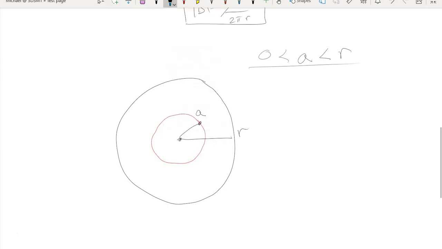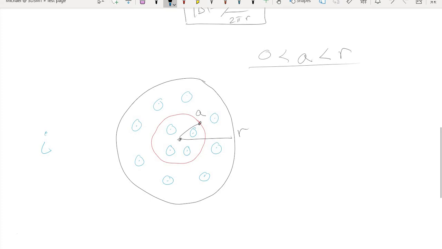The wire itself is still carrying current out of the board, and to help us out with this discussion, I'm going to draw a whole bunch of vectors that are oriented out of the page. And so all of these vectors together indicate the current of the wire.